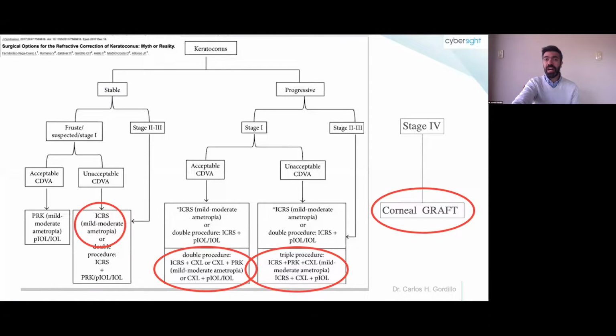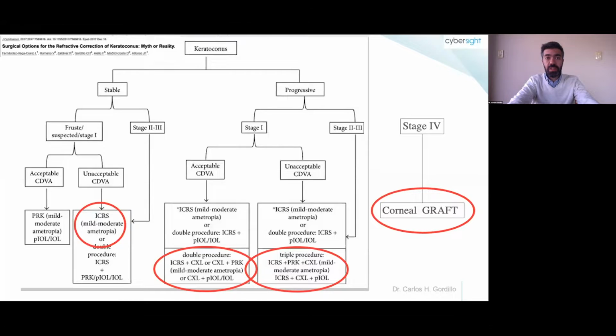Once we have identified the stage of our patient, we can propose different alternatives to solve the situation. These alternatives will depend on our possibilities to access the technique, but of course, the earlier we treat the patient, the better results we're going to have.